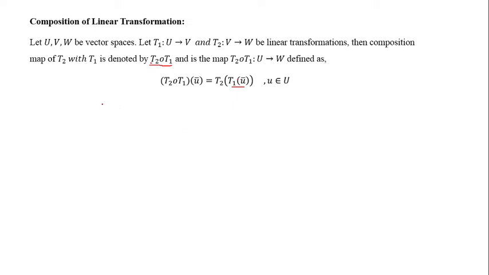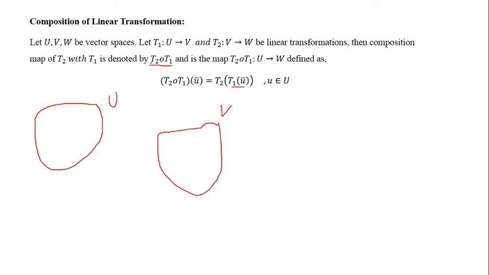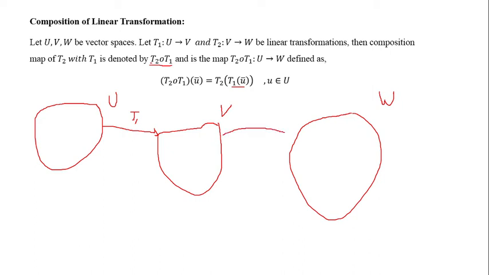So this must be a vector of vector space V. Let me explain this. Suppose this is your vector space U, this is your vector space V and this is your vector space W. So from U to V, your T1 is a transformation and from V to W, the transformation is T2.